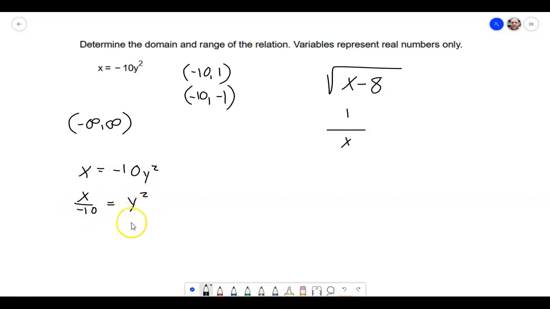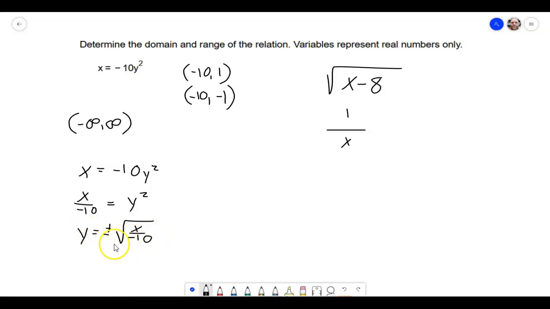And then if I take the square root of both sides, I'm going to get y is equal to the square root of this, but I have to look at both the positive and the negative of that. So it's going to be plus or minus the square root of x over negative 10.